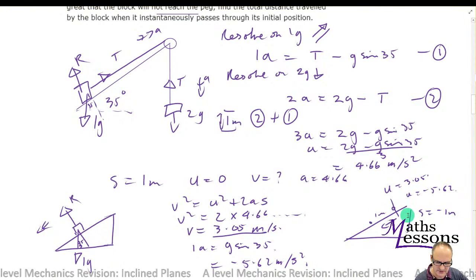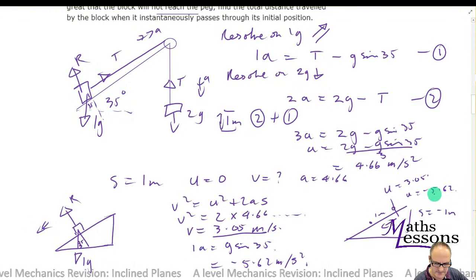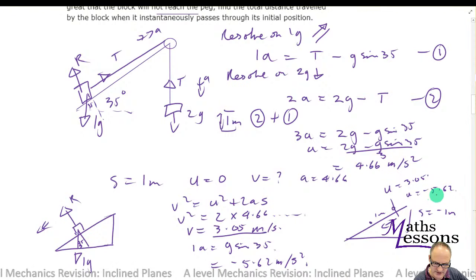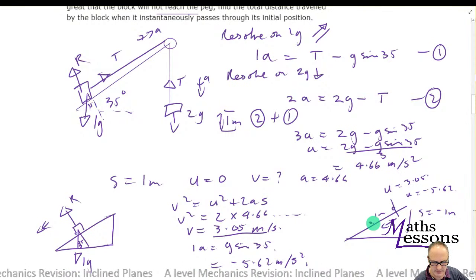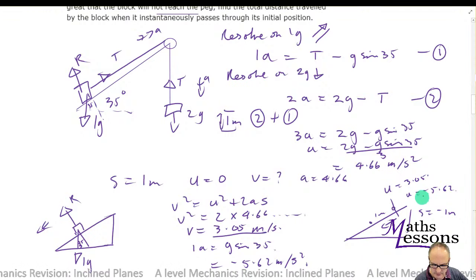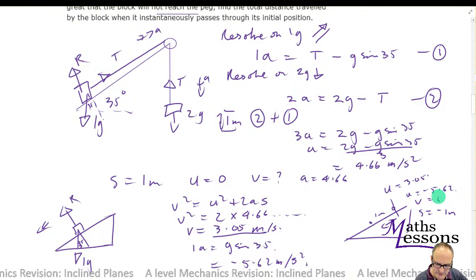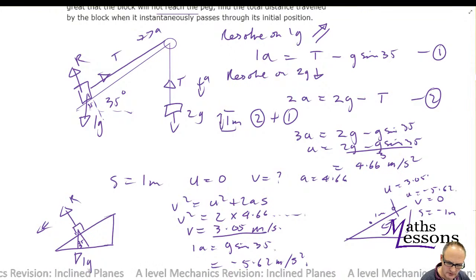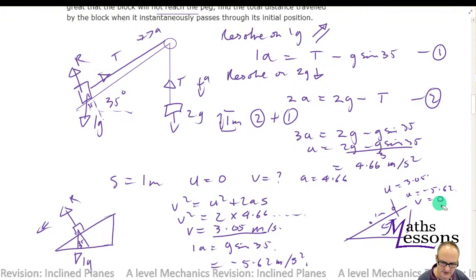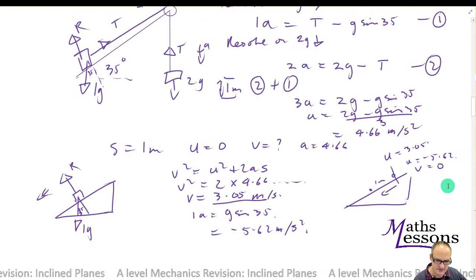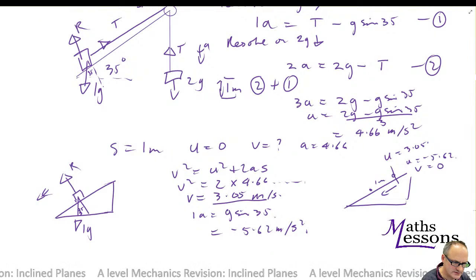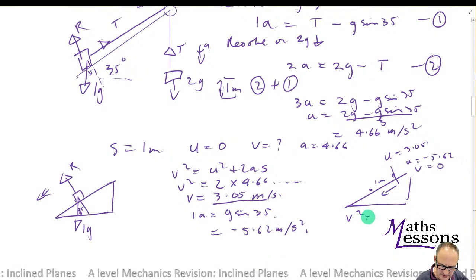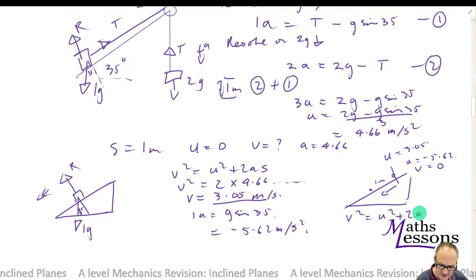What we need to do is just find out how far it goes up the plane before it turns. Once we've found that distance, we can add on the distance coming back down the plane quite easily. So we need to find where v equals 0, because that's how far it's going to go up the plane before it turns and starts falling back down. Let's use v squared equals u squared plus 2as again.